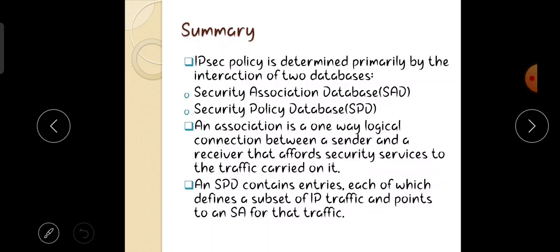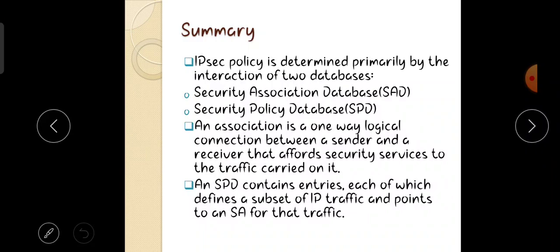The Security Association Database is a one-way logical connection between a sender and receiver that affords security services to the traffic carried on it. The Security Policy Database contains entries, each of which defines a subset of IP traffic and points to the SA for that traffic.